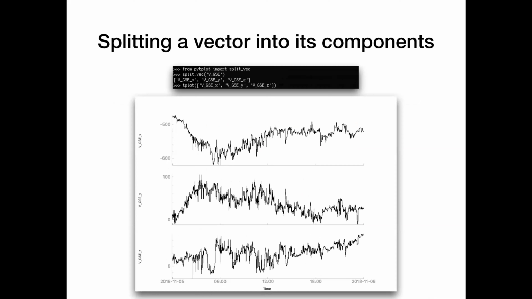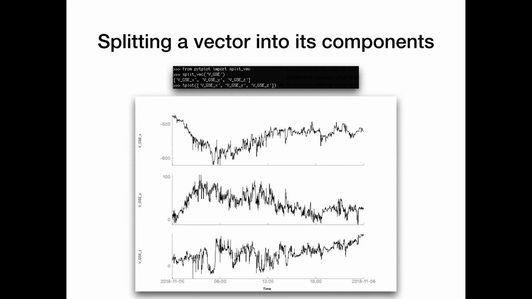So one useful common tool is to take vectors and split them into components. Rather than having to use get_data and store_data to work with vectors, pytplot has a tool called splitvec. You just import splitvec from pytplot and call it on the vector you want to split, and it creates new tplot variables with the component data.